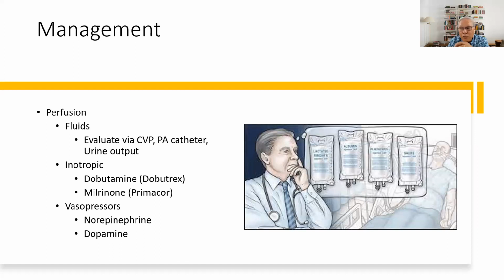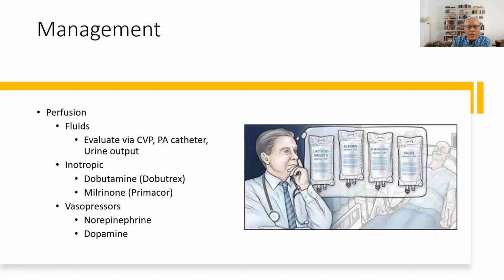Now, blood transfusions actually could also improve delivery. But remember, they can also cause an increased inflammatory response and therefore increase the risk of infection and death. And thus, it is not an ideal way to increase your perfusion.